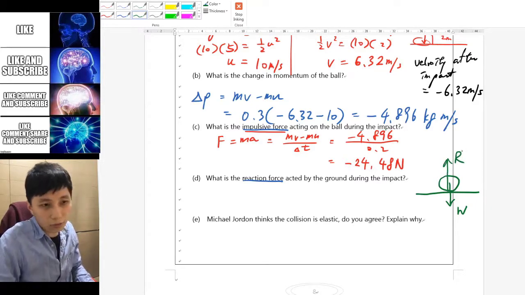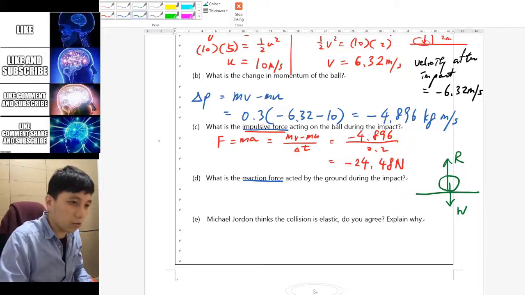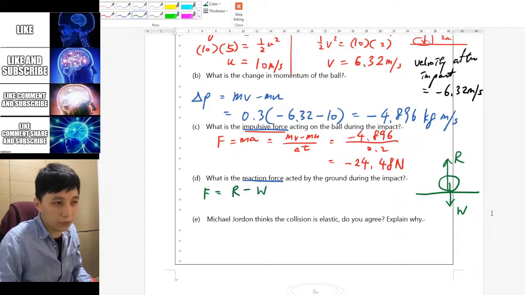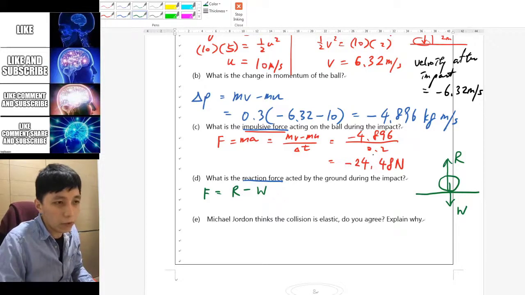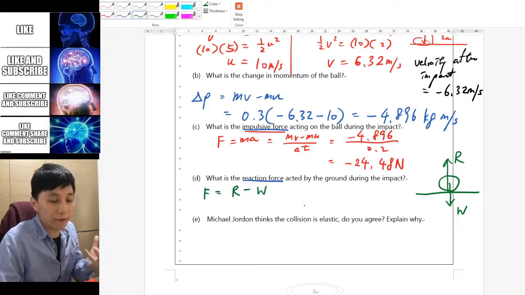So that's all basically. What you can do is find out the net force is going to be R minus W, right? That's the only two forces. And so the force that we have obtained from part C is actually the net force, as we mentioned.